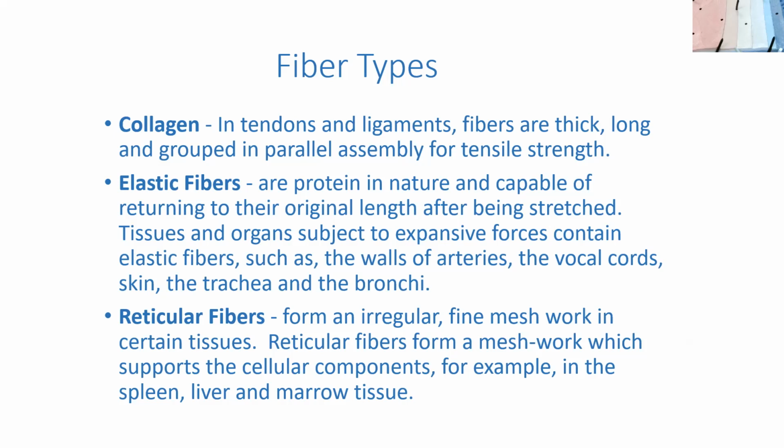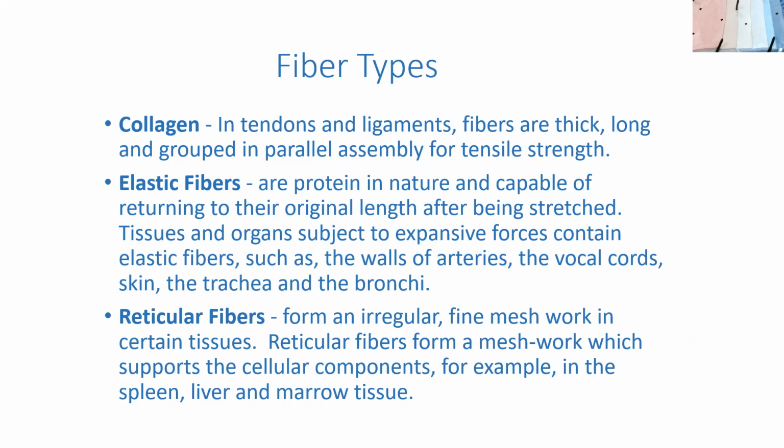Our vocal cords, which allow us to speak and make noise and sing and talk at different levels and intensity, are all elastic. Our airway has elastic bands around it so it can expand. Our bronchi have elastic bands around them. Our alveoli are elastic. Our ears are elastic.